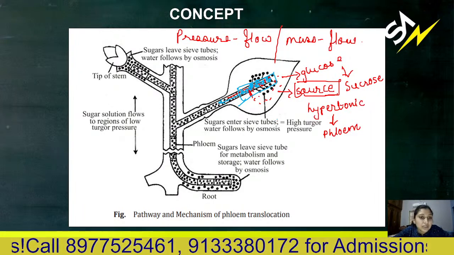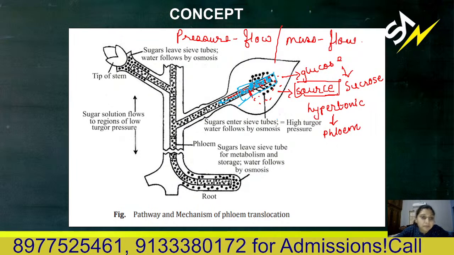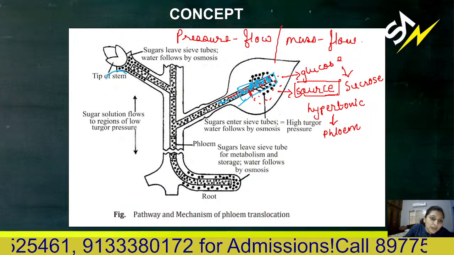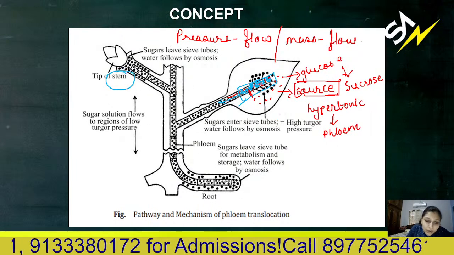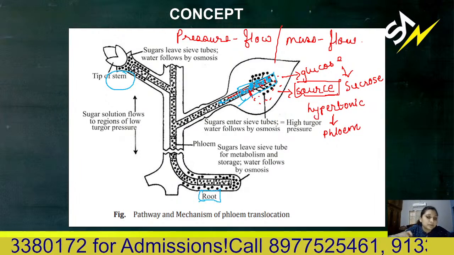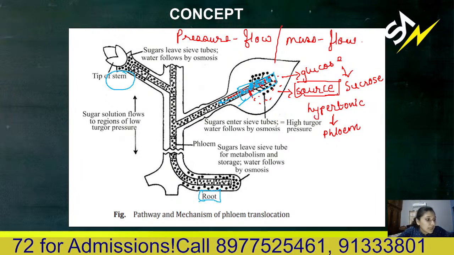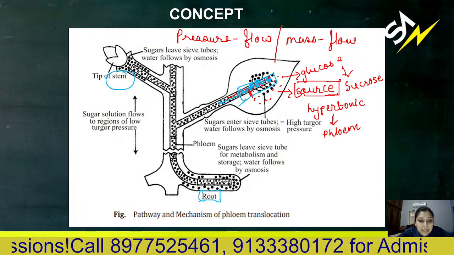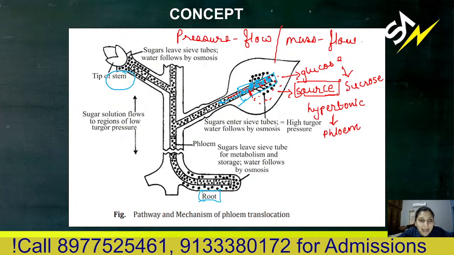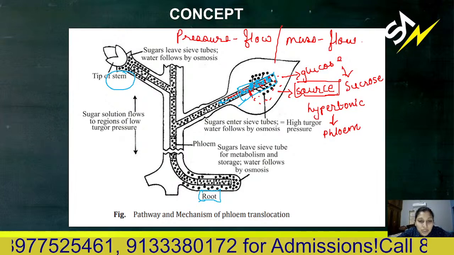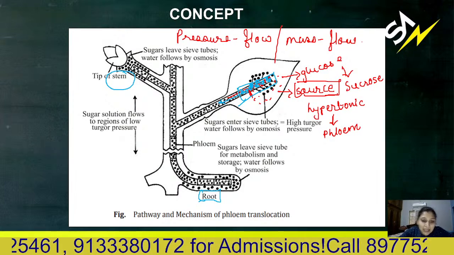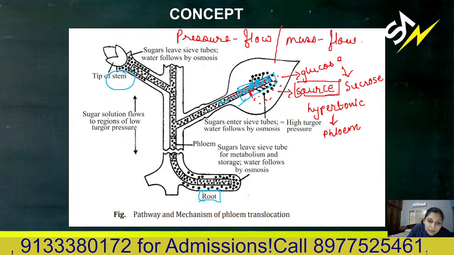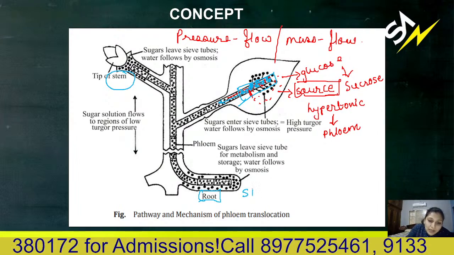So there are two types of sink they can travel to: either the growing tip, or the growing stem or root, where they want to store this food. Step by step, because of the pressure and the release of the pressure, they travel to the sink. This tip of the stem and the root both act as sinks.